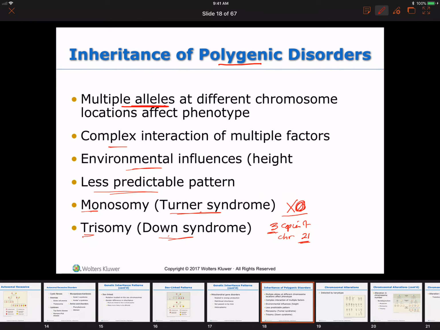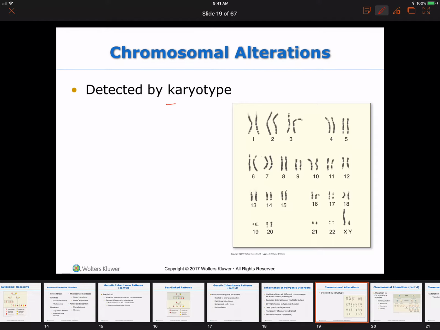A lot of these diseases can be investigated by a karyotype, so any chromosomal alteration. Here, the term karyotype is really the mapping of chromosomes.